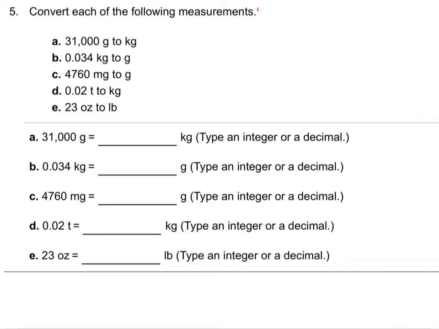Normally we put meters in the middle, and then decameters, hectometers, kilometers, and on this side decimeters, centimeters, millimeters.